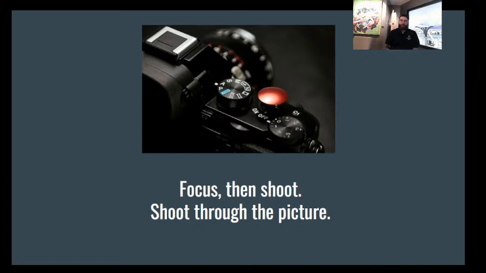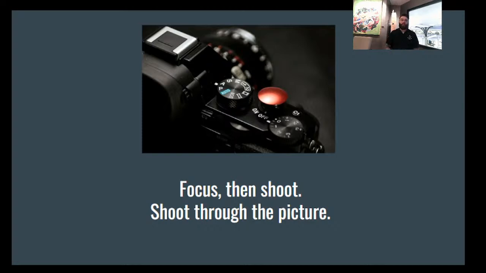Shoot through the picture. When I say that, I think of it like if you're playing sports, if you throw a football or you take a basketball shot, you follow through. So when you throw the football, your arm extends through and you push past your body. When you shoot, it goes up and then you arc your hand and you do the whole motion with that, but you follow through with it. When you're taking a photo, you should follow through with it too.